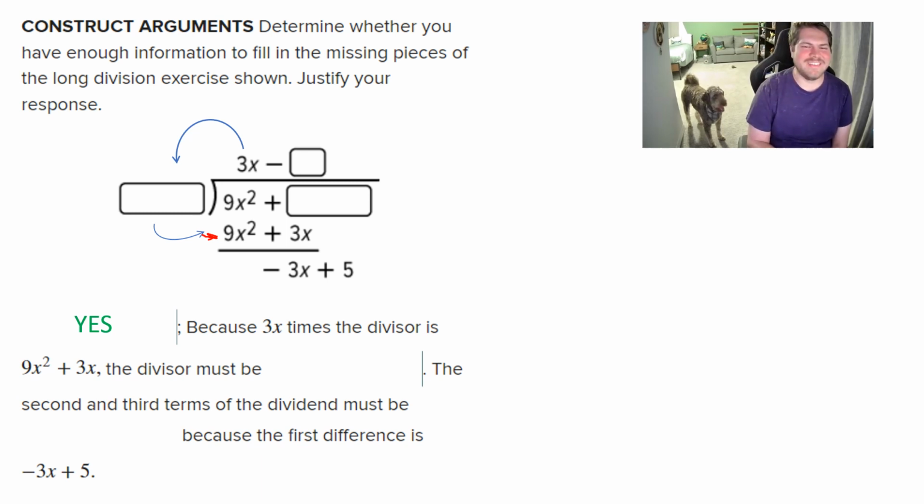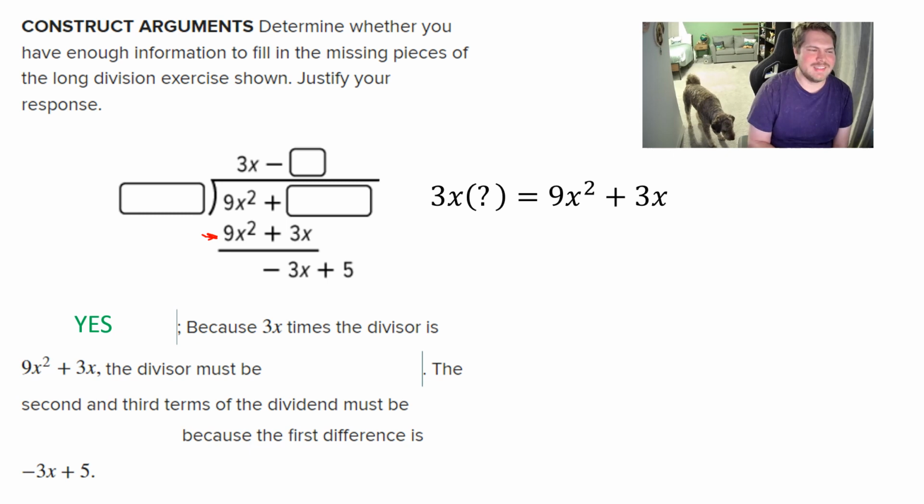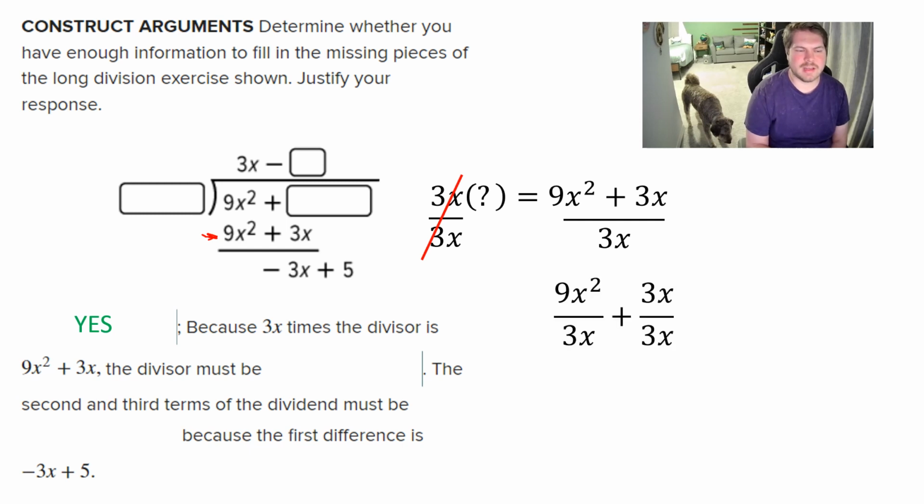And so we need to think, what times 3x gave us 9x squared plus 3x? You can do a little bit of dividing on your own, or you might think 9x squared divided by 3x, that would be 3x, and then 3x divided by 3x is 1. So to fill in that gap would be 3x plus 1.